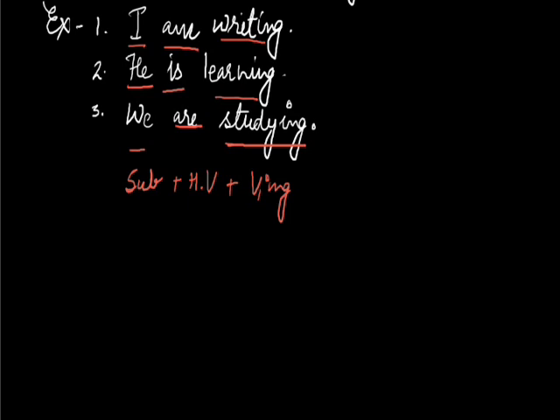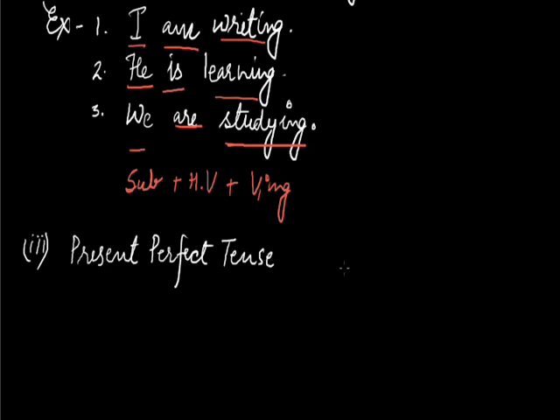Now the third category of present tense, that is present perfect. A present perfect tense tells us that an action which has started in the past time has got completed in the present at the time of speaking.